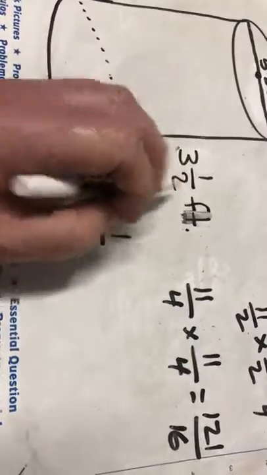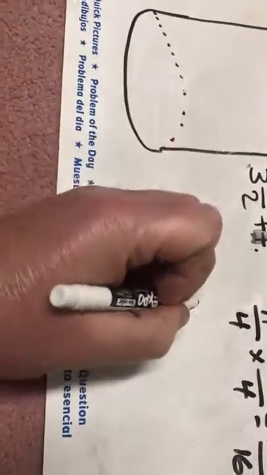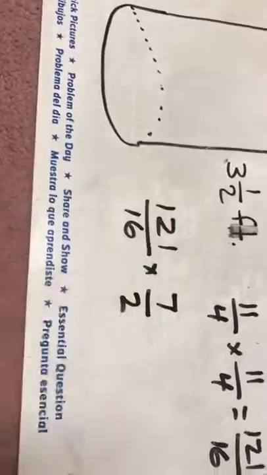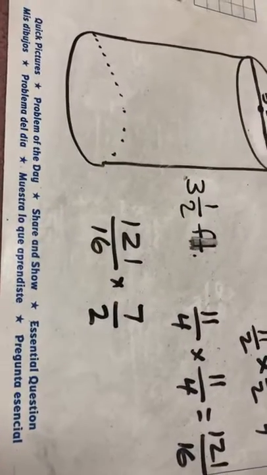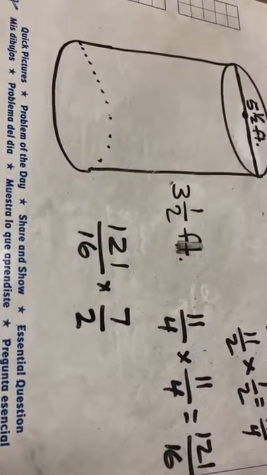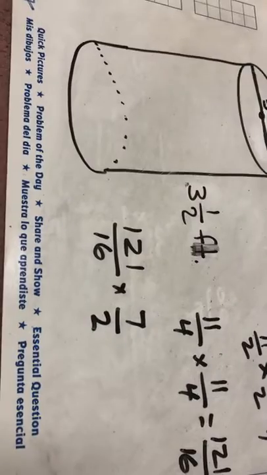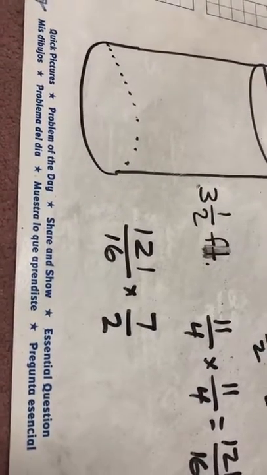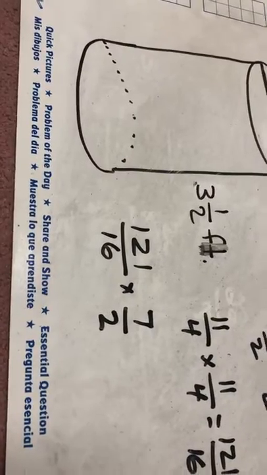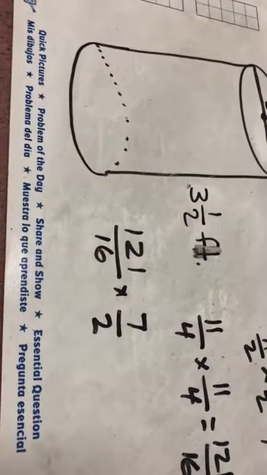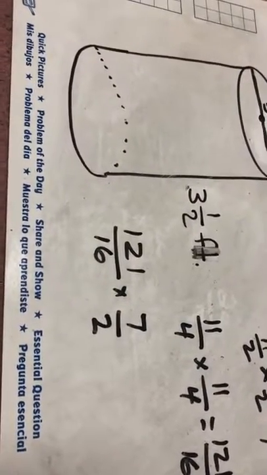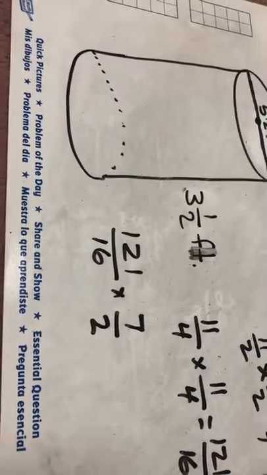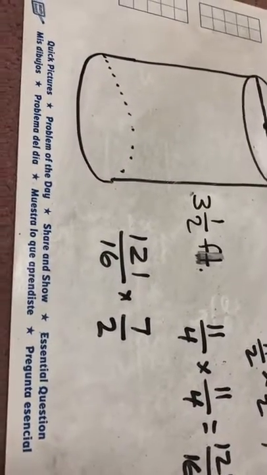So it's going to be 7 over 2. All right? But here's now where I want to stop and think. And this is what you have to do, 6th graders. You have to have some forethought when you're doing problems. You have to, in this situation, think.